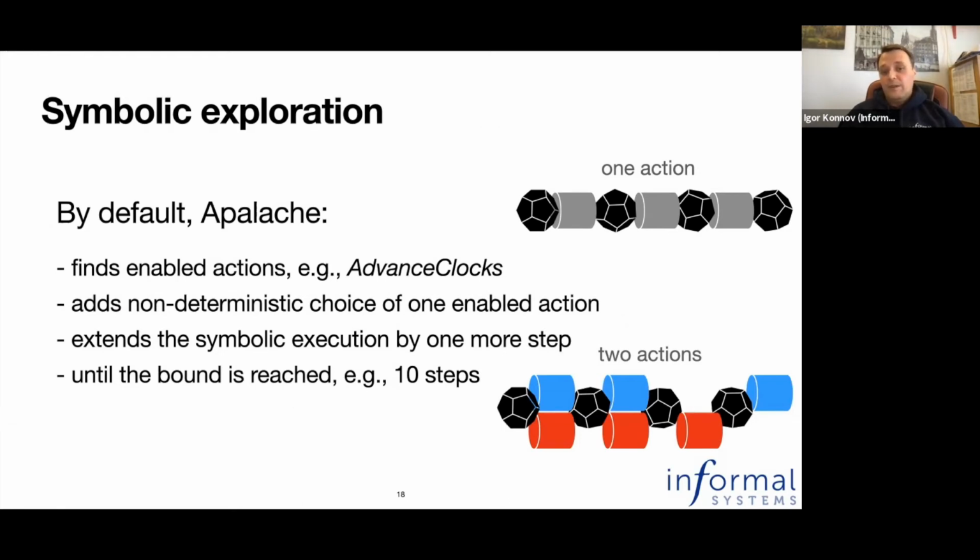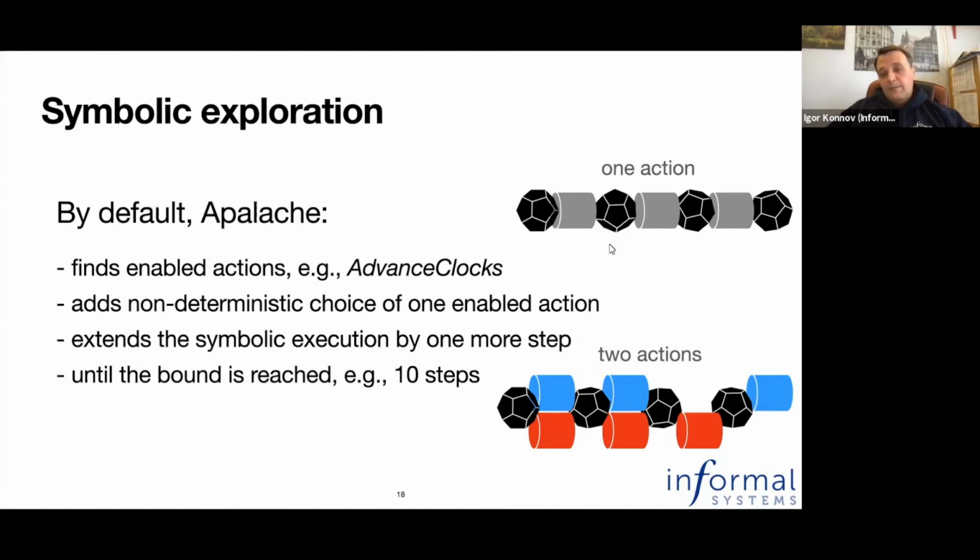If there is more than one enabled action, and we'll see that it's possible in the next examples, it would just add a non-deterministic choice between the results of one of these actions and continue with the next step. When it has constructed a long enough symbolic execution, Apalache terminates and says, look, I haven't found any problems.